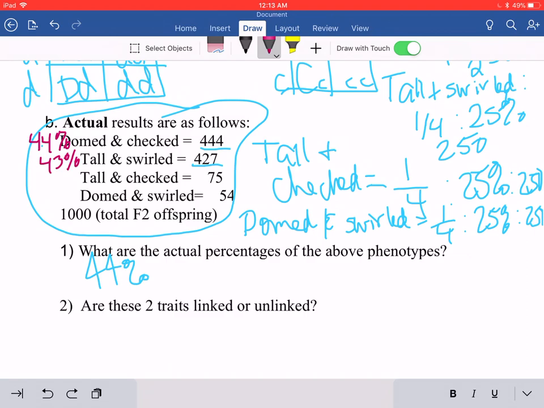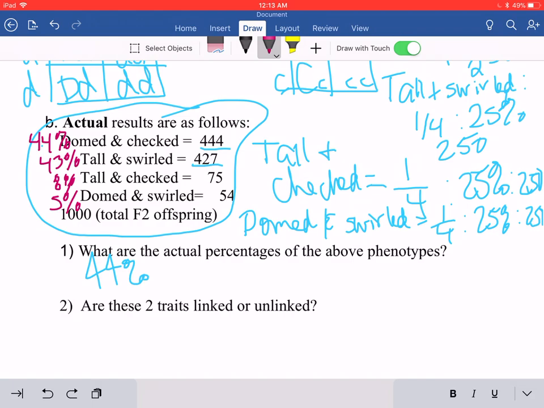The tall and checked is going to be just about 8% or 7.5, so somewhere around there. And the domed and swirled are going to be just about 5% or so. Give or take a couple of tenths of a percent.